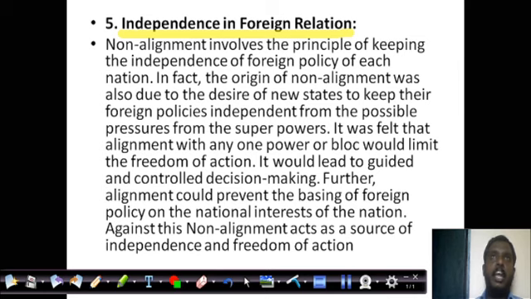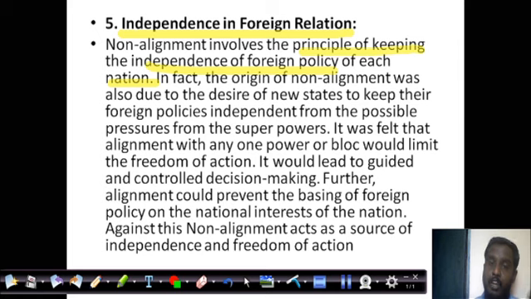Do you think India would be able to take an independent stand in any kind of foreign issue? No, it cannot. So the other feature of the non-alignment movement was that India was able to take a strong independent stand in foreign relations. It involves keeping the independence of the foreign policy of each nation.